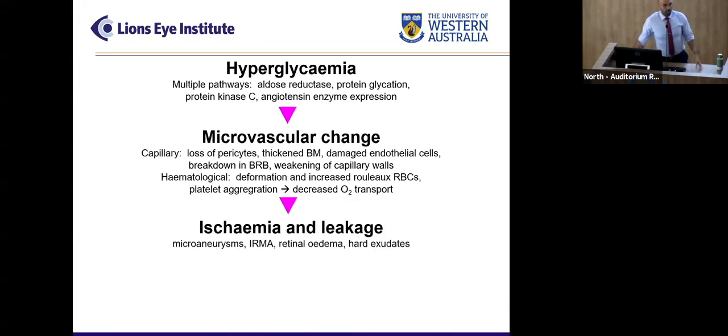And it's the ischemia and leakage and damaged capillary walls which explain your microaneurysms and retinal edema and hard exudates and some of the signs that I'll talk a bit more about in a moment.